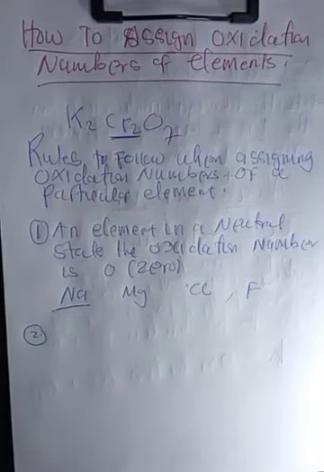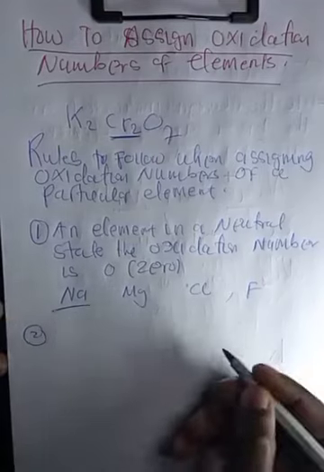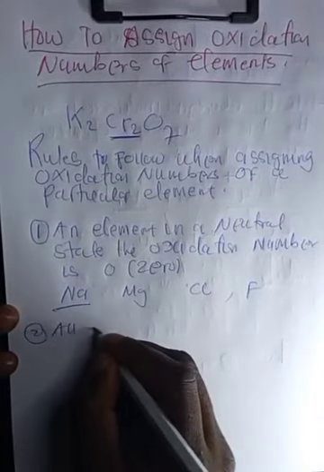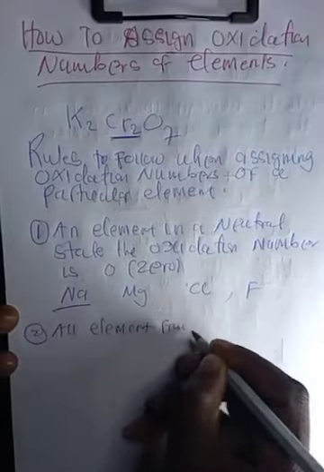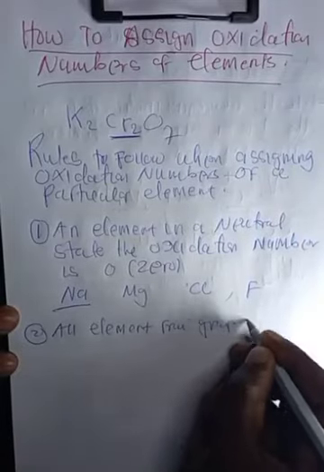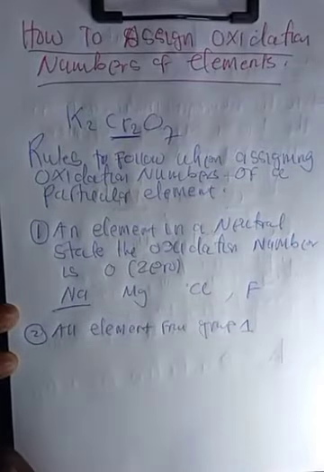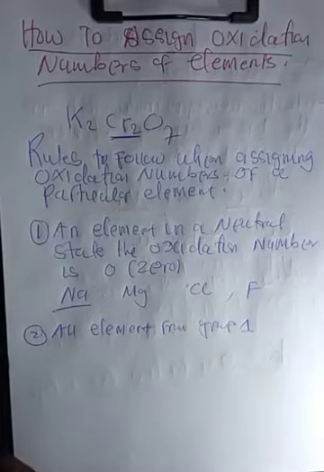Then rule number 2 is that all elements from group 1. So we need to have a good understanding of the periodic table. No wonder we did the periodic table together in Introduction to Chemistry.